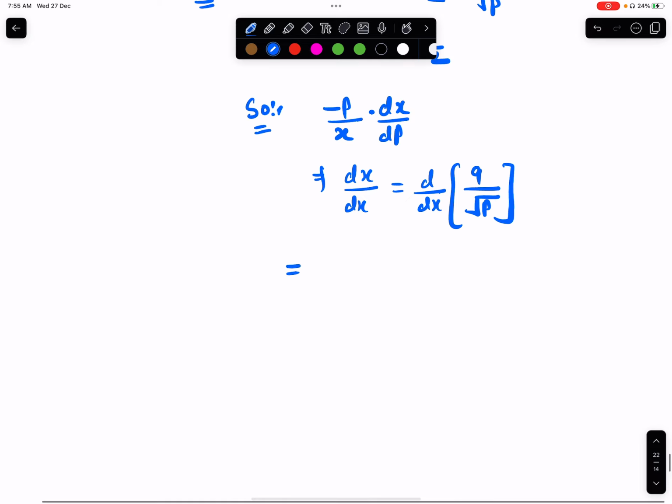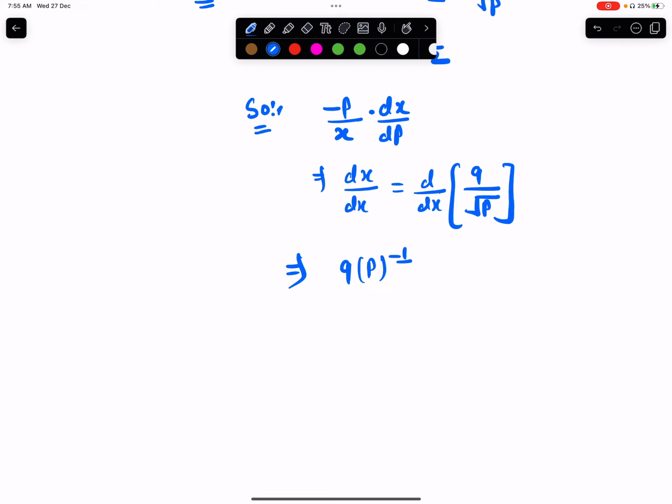So how will we solve that? That will be 9 p raised to the power minus 1 by 2. We can write it as this, d by dp of this. Now the next step is, 9 is a constant number, so we can take it out, d by dp of p raised to the power minus 1 by 2.